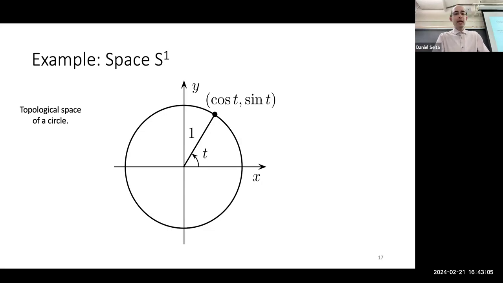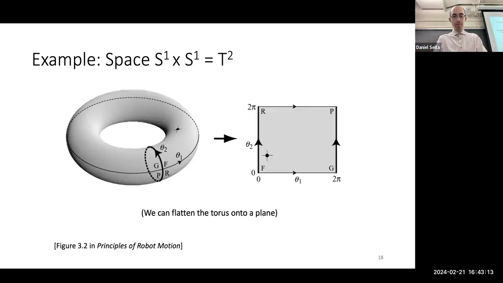Another space is what happens when you combine this with another circle. This is a torus. When the space is S1 times S1, it equals T squared.